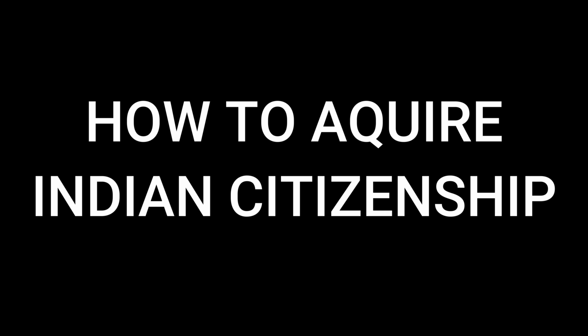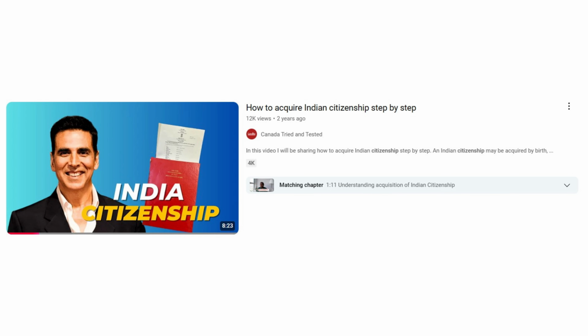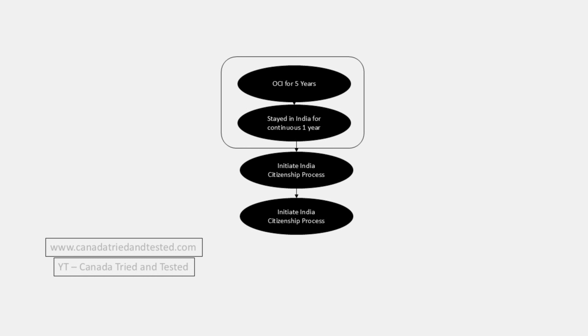There is also a lot of curiosity on how to acquire Indian citizenship again. It is very much possible. I made a detailed video on the entire process, just to give you an overview. The first criterion is that you need to be an OCI for 5 years, and you should have stayed in India continuously for 1 year just before applying for citizenship.